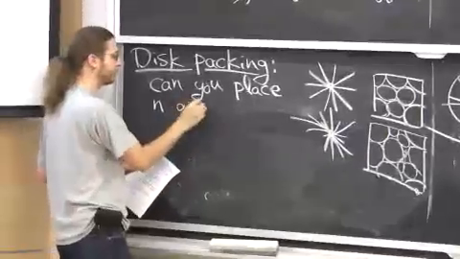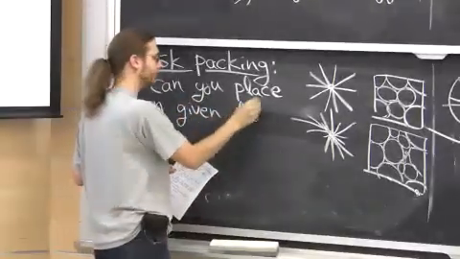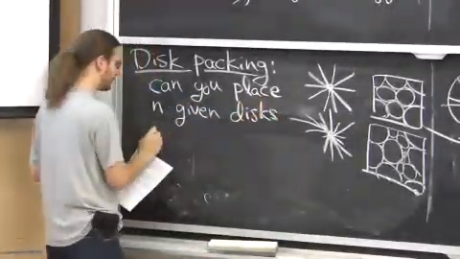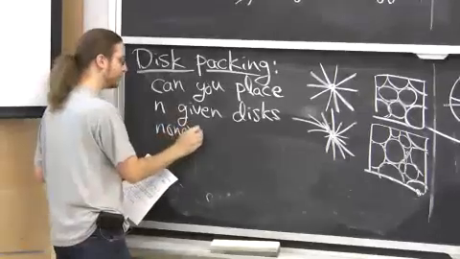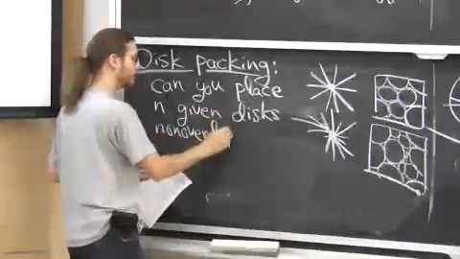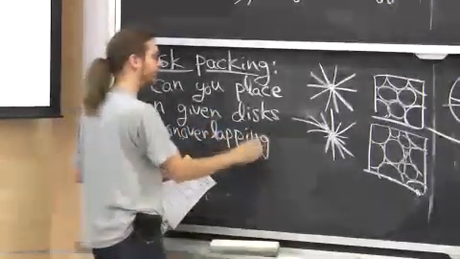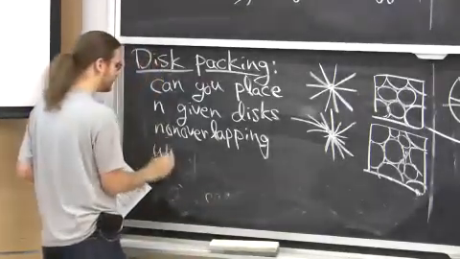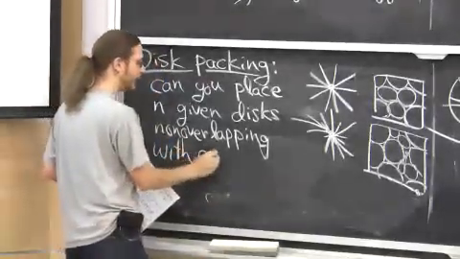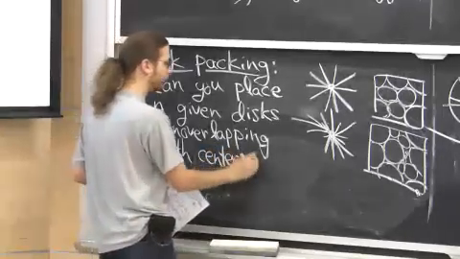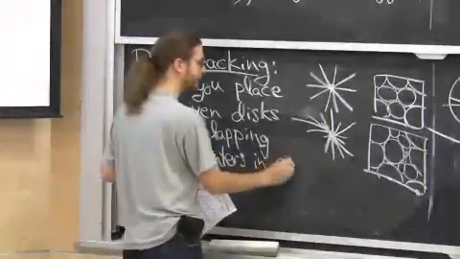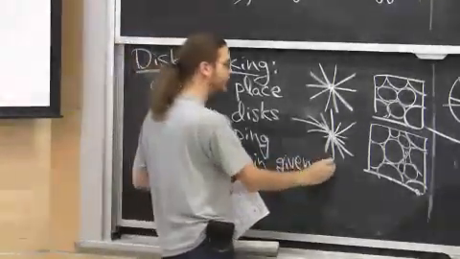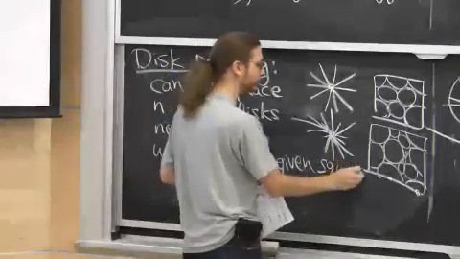So I give you the sizes of them. I want them to be non-overlapping. They can touch on the boundary, but the interiors can't overlap. And I need the centers to lie in a given square. So I want to know, can I make this uniaxial base from this square of paper?